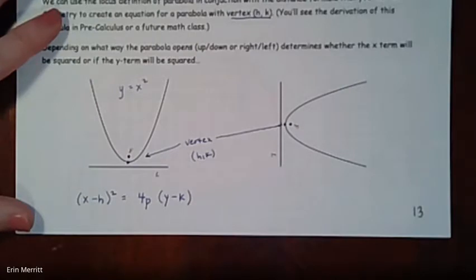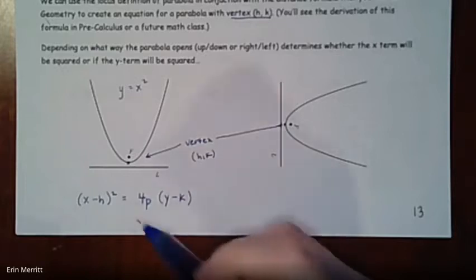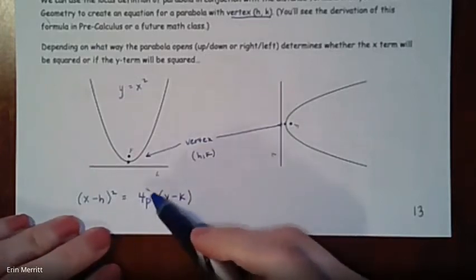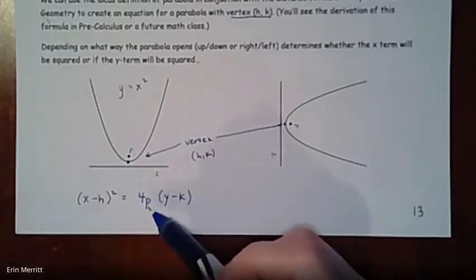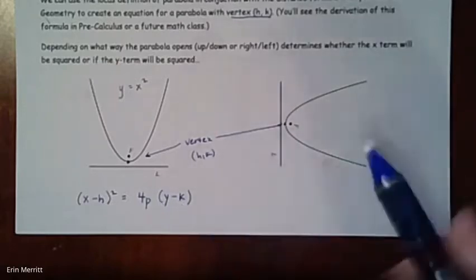What this should look kind of familiar like is the circle equation, (x minus h) squared plus (y minus k) squared equals r squared. The difference is only the x is being squared, and we also have some other values introduced here. This 4p multiplied by the y part, we'll explain in just a moment. Same thing over here.